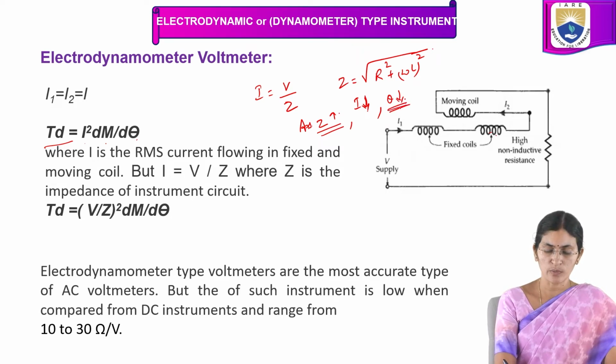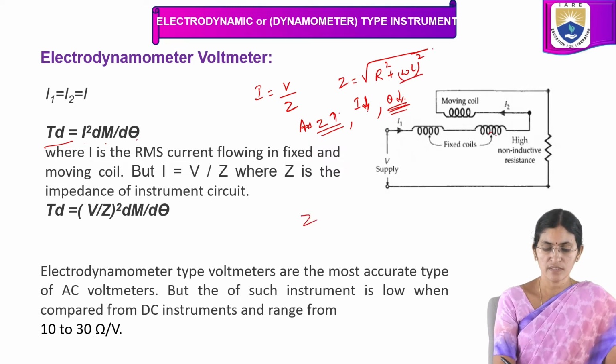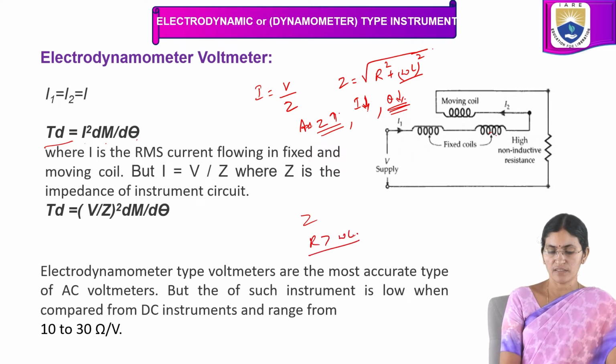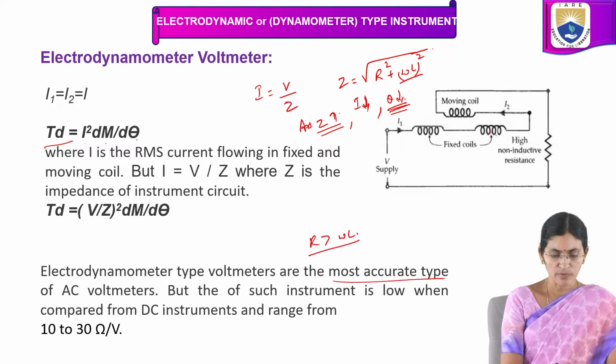In order to avoid this, R should be very, very much greater than omega L. That is an important consideration here, in order for this type of instrument to be used as a voltmeter. So this is a high value, non-inductive resistance, which has to be connected in series with the moving coil. These are the most accurate type of AC voltmeters.